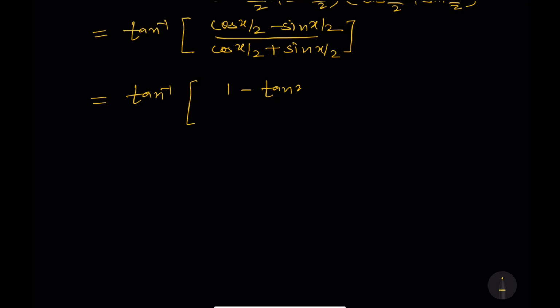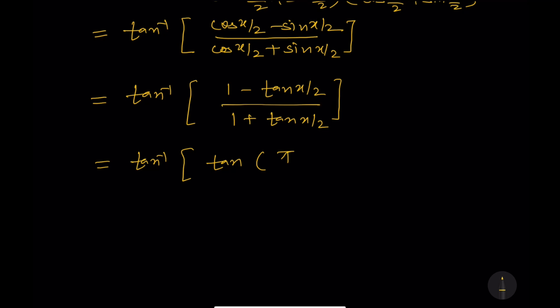So we get tan inverse of (1 minus tan x by 2) upon (1 plus tan x by 2), which is nothing but tan inverse of tan (pi by 4 minus x by 2).